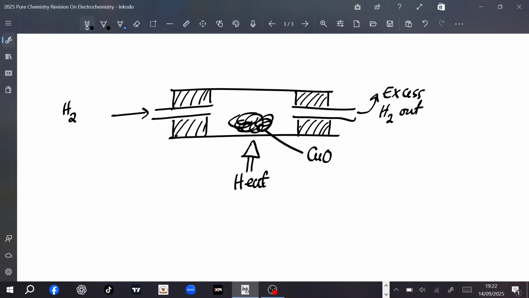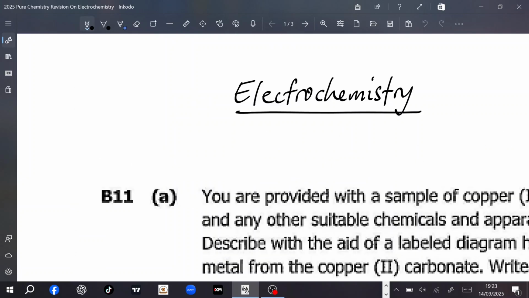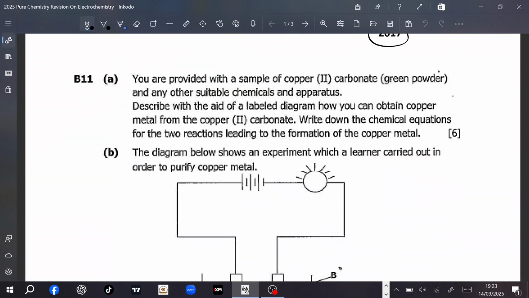That is all. Then this one you can label as a combustion tube. Yeah. So this is the experiment. So we are done, 6 marks. Those are the two equations.